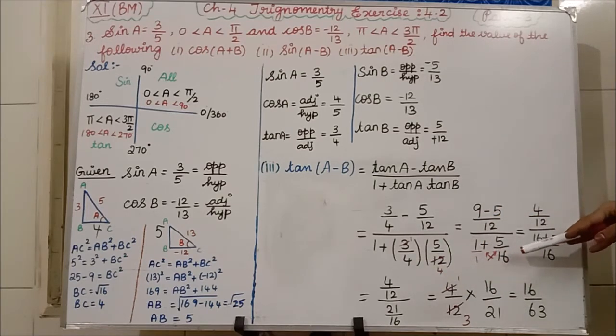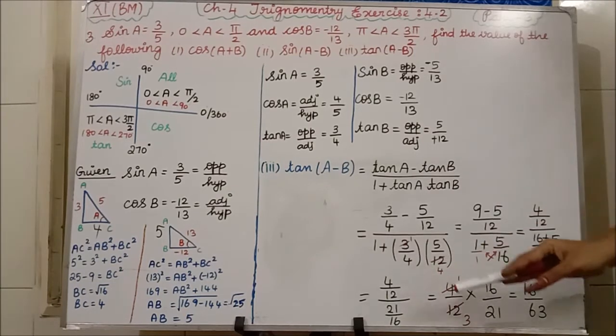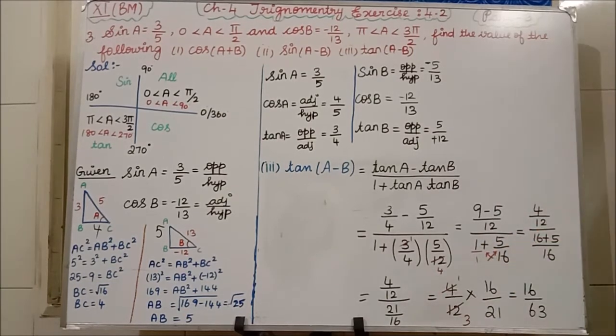Next step I am doing the cross multiplication. So if we do cross multiplication, numerator we have 4 by 12. The denominator we have 16 plus 5 divided by 16. 16 into 1 is 16. 1 into 5 is 5 divided by 16. So 4 by 12 divided by 21 by 16.